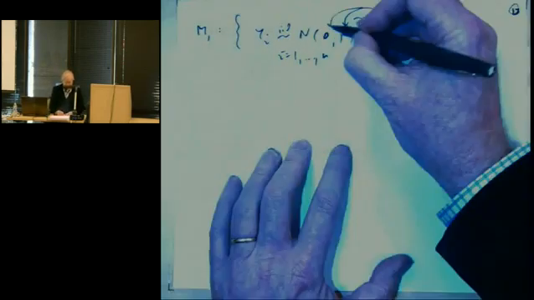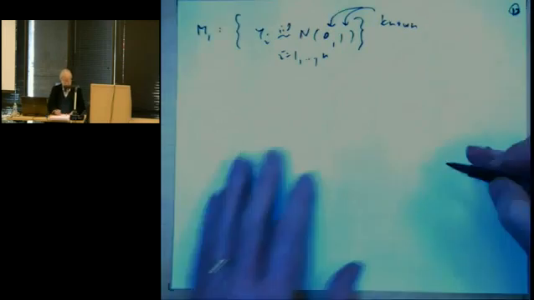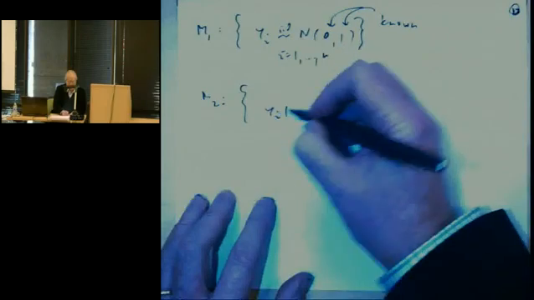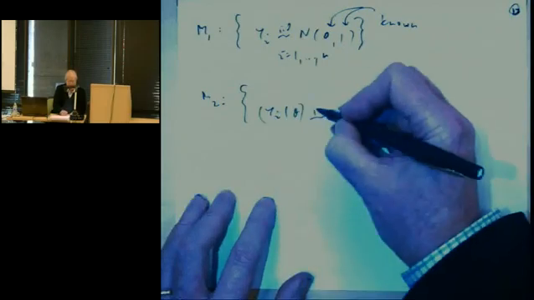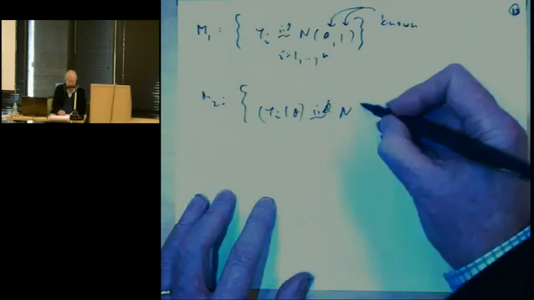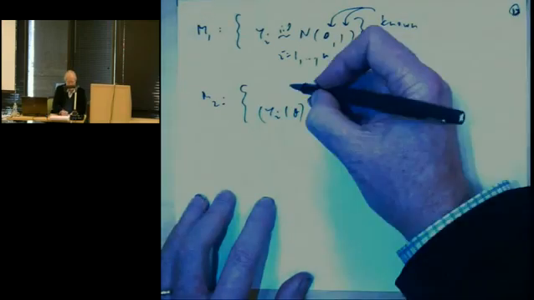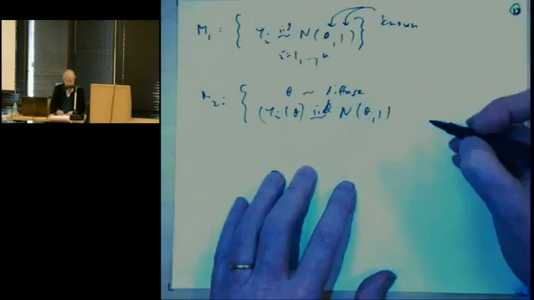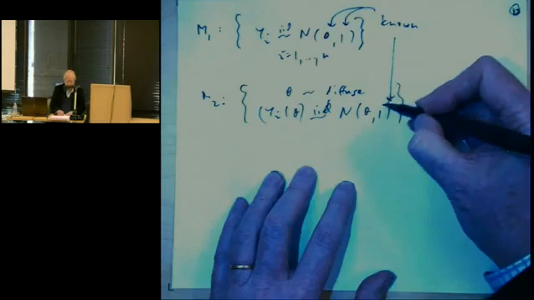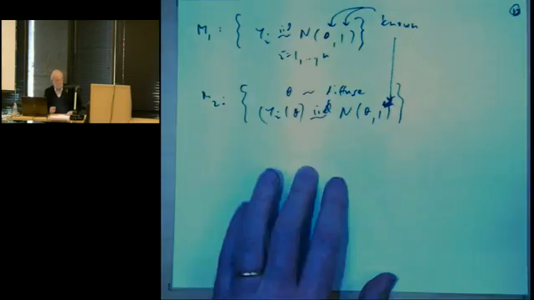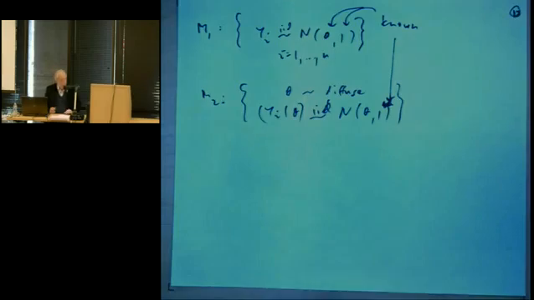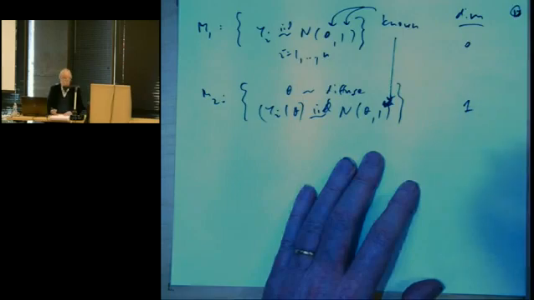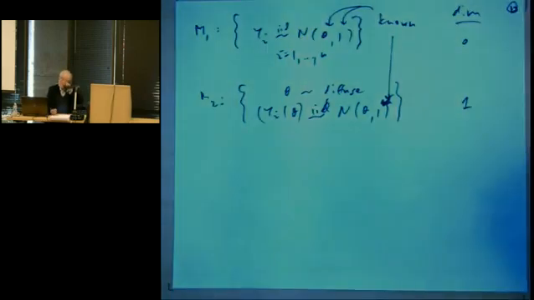So these things are both known. Model 2: y_i given theta IID normal(theta, 1), theta given some prior, for example, diffuse. Now, the variance is known, but not the mean. These models have different dimensionalities. The dimension of model 1 is 0, the dimension of model 2 is 1. There aren't any parameters in the first model, and there's one parameter in the second one.